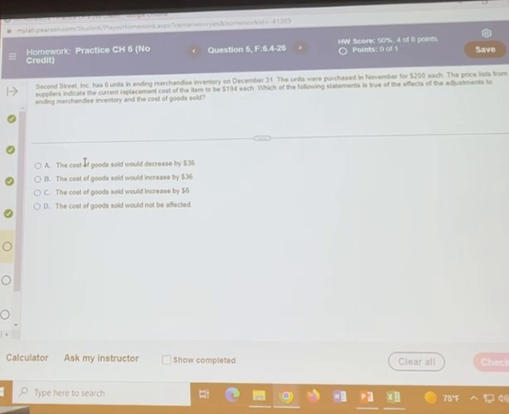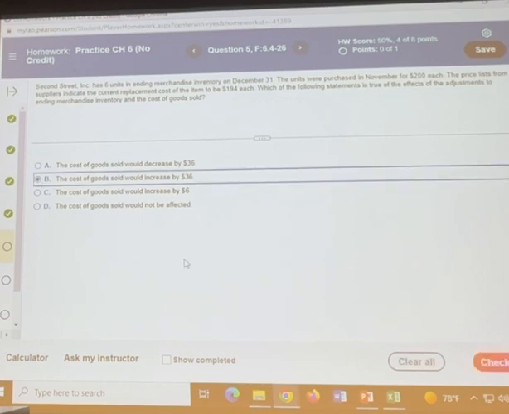The journal entry would be cost of goods sold debited $36, inventory credited $36. So which of these would be true? Cost of goods sold would increase by $36, inventory would decrease by $36.